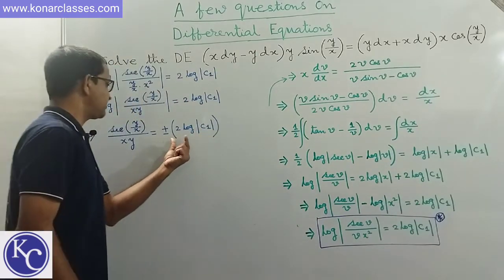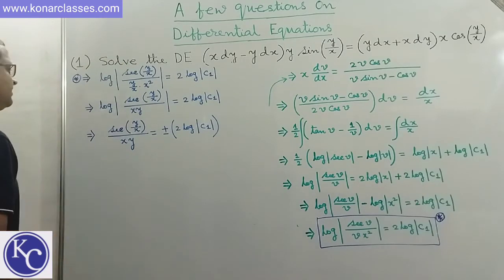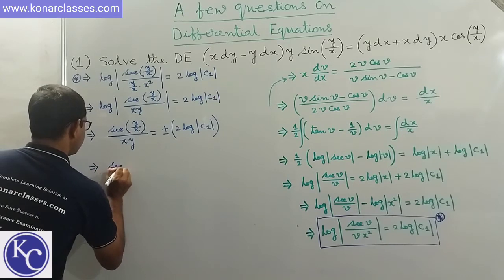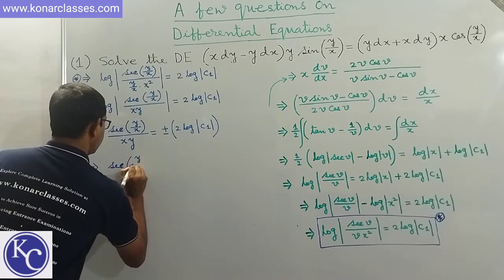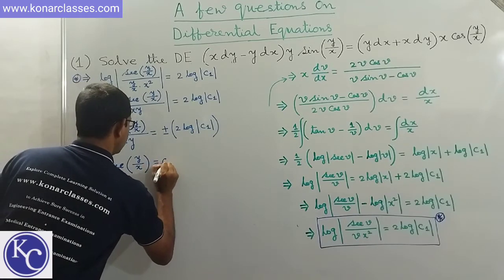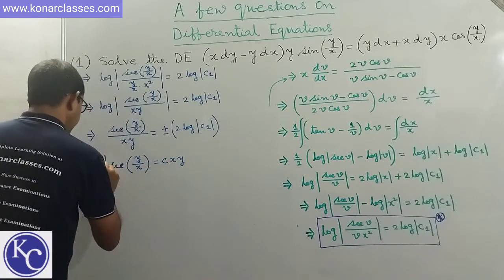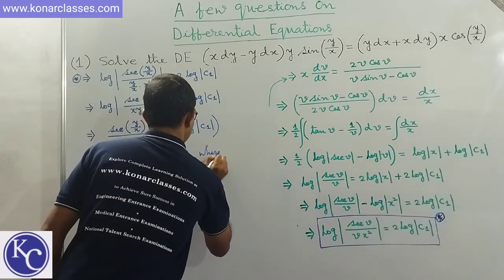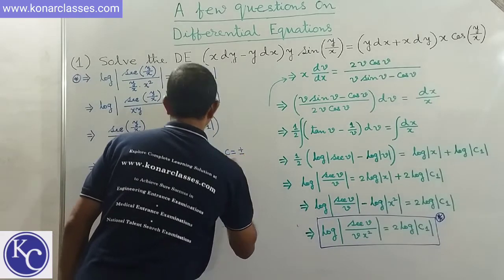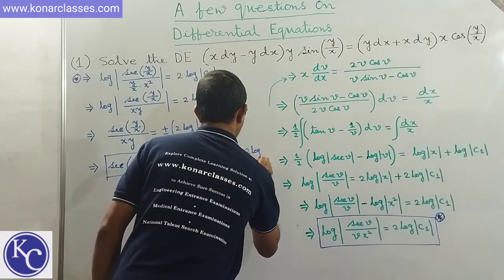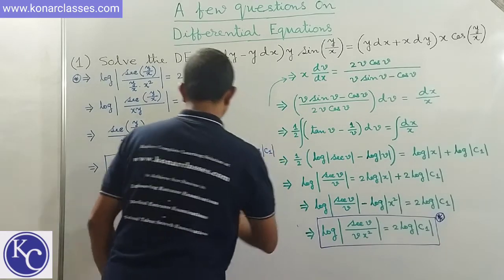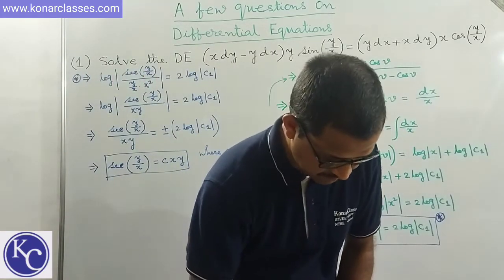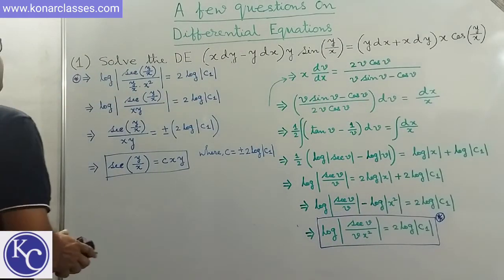Now this plus minus 2 log mod c1, we are considering as a new constant called C. So from here we get sec of y by x is equal to Cxy. This is the solution to the given differential equation, where C is equal to plus minus 2 log mod c1. Okay, dear students, now let's proceed to the next question.